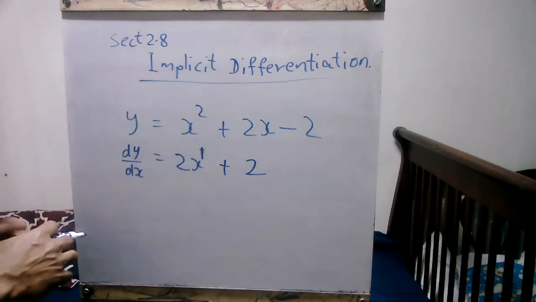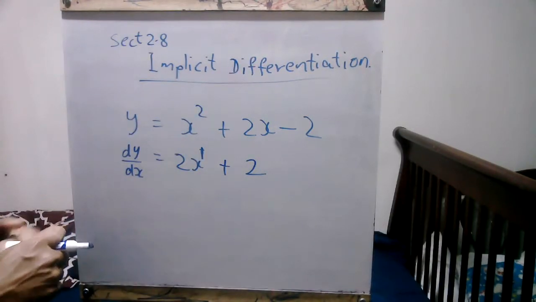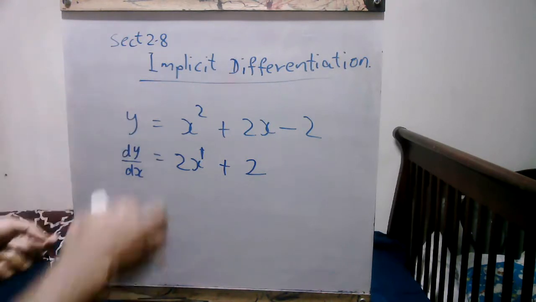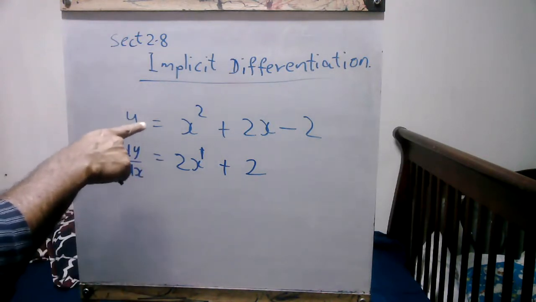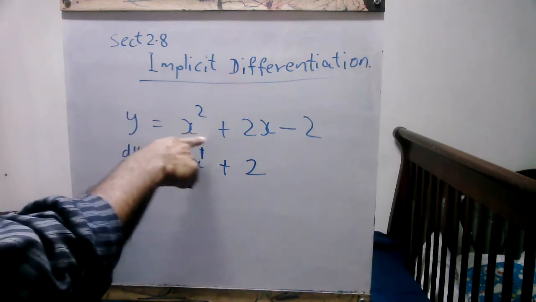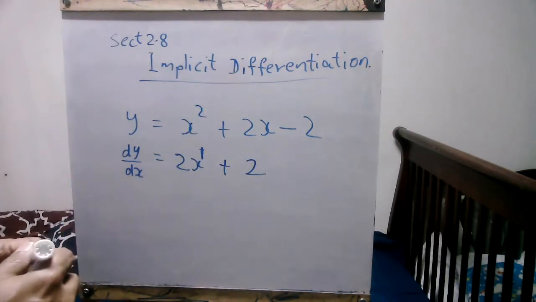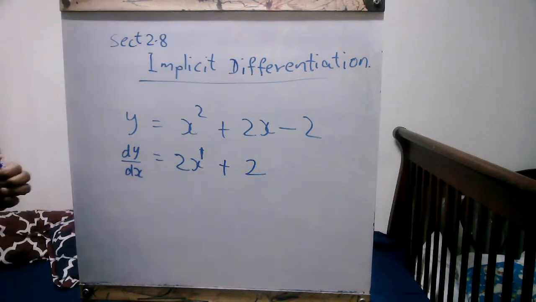Now this is how we differentiate explicitly, meaning when y is expressed explicitly in terms of x, we know how to differentiate. Now let's see what implicit differentiation means.